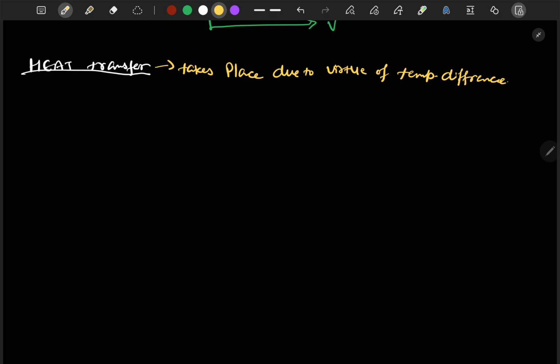In the case of heat transfer, specific heat is a term that we will come across frequently. So what is specific heat? We can write a definition.